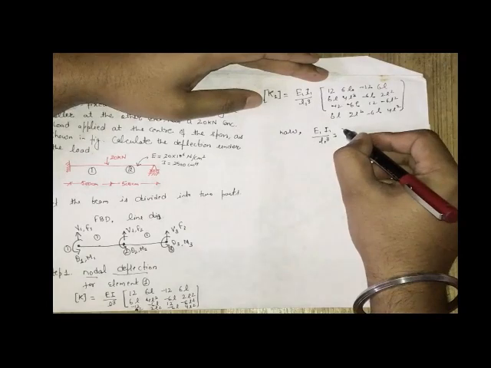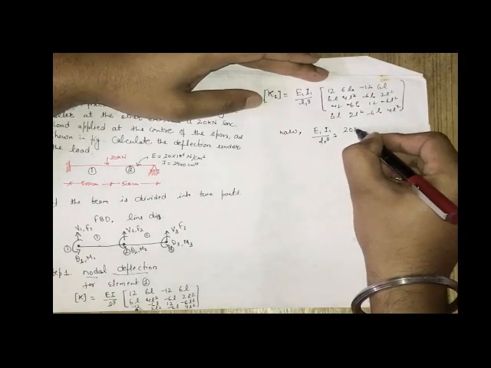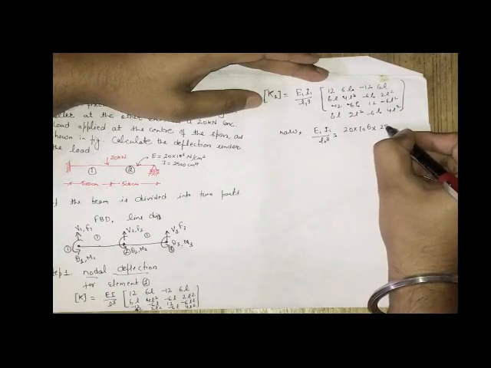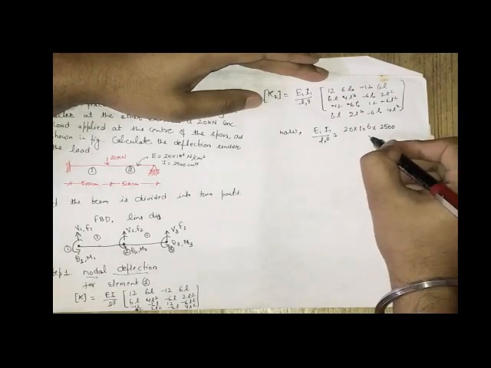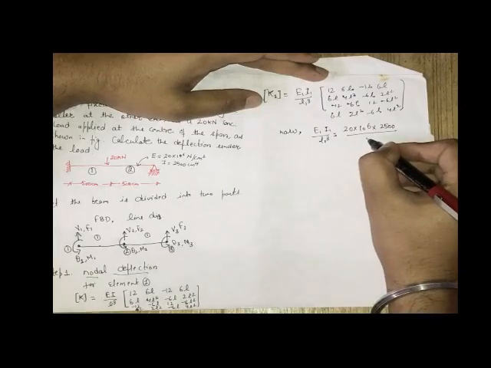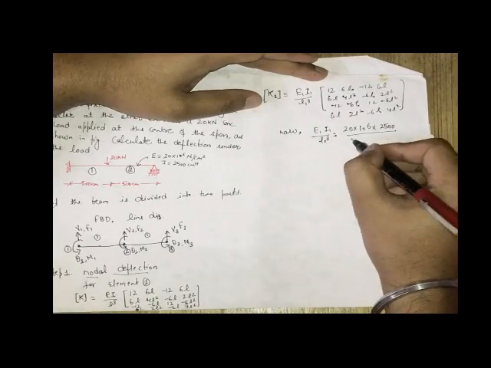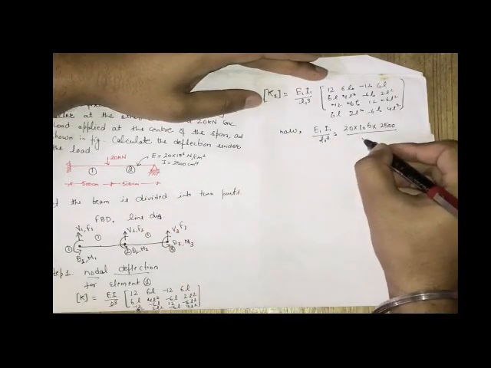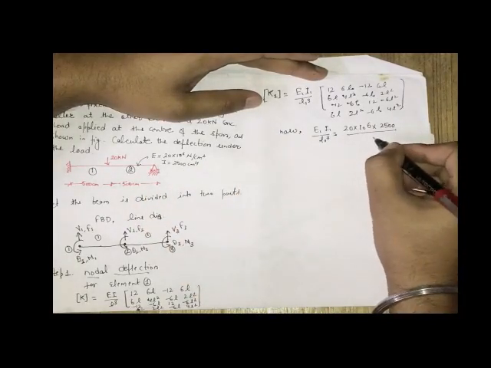So we substitute the E1 value, that is 20 into 10 raised to power 6, into the moment of inertia, that is 2500, divided by the length, which is 500 centimeters. All the units are in centimeters, so there is no need to convert any values.